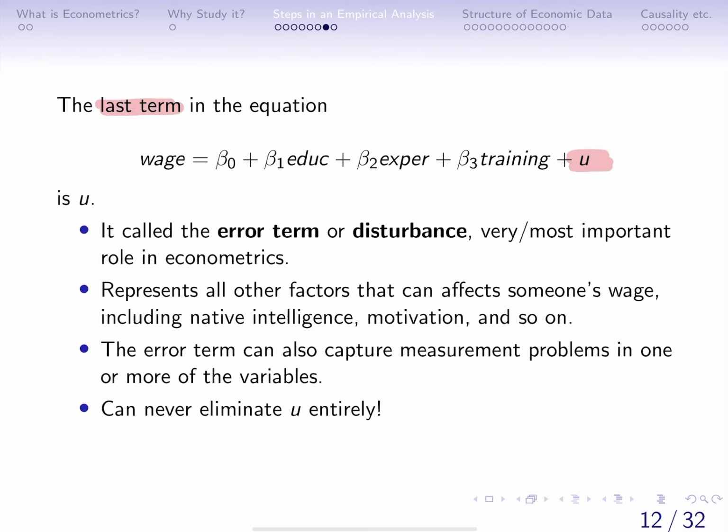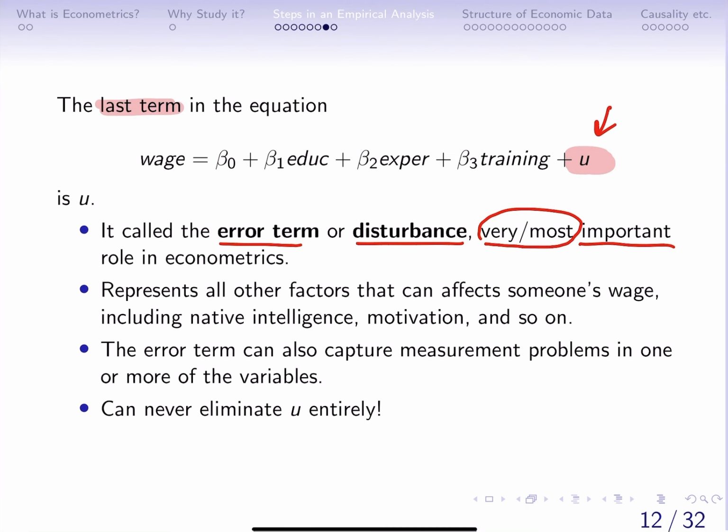A lot of the models that we come up with are trying to eliminate the effect of this unobservable, or we're trying to reduce this noise or this disturbance as much as possible. Okay, so this is called the error term or the disturbance, and ironically, this happens to be the most, or at least very important, in econometrics.